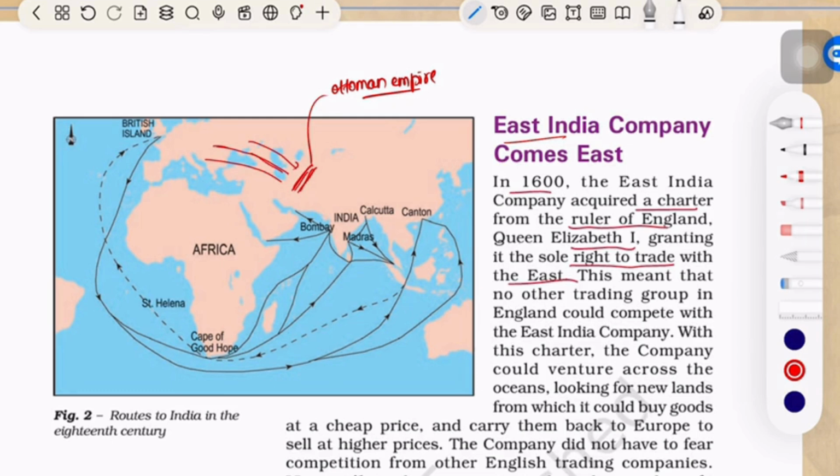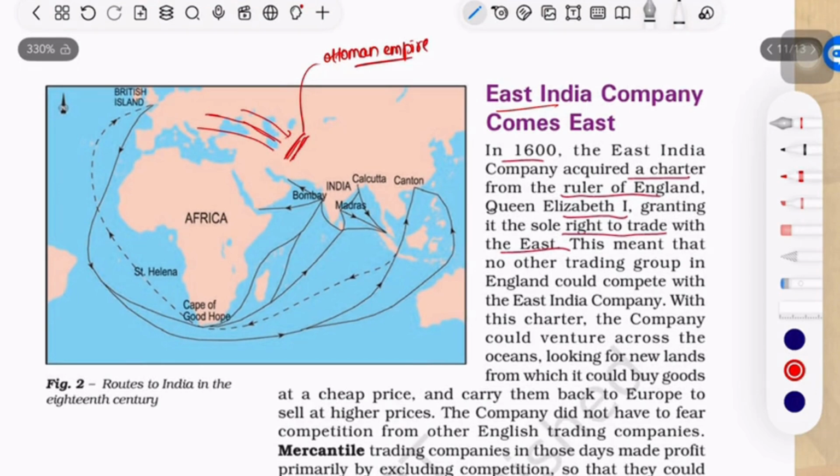The 15th and 16th century was the age of revolutions, discoveries, and scientific revolution. Their rulers assigned the duty of searching for new areas, new land. Instead of following this path, they took a long route through the Cape of Good Hope, searching for new land where they could trade.